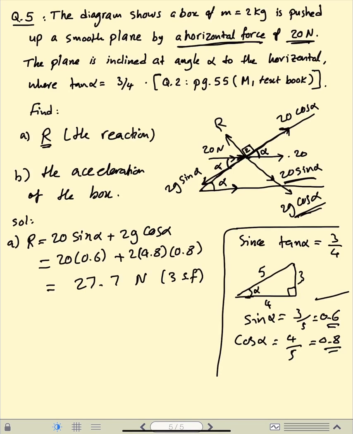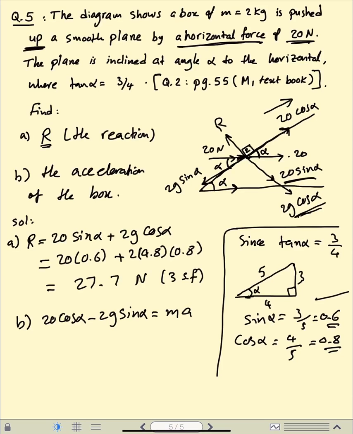Part B, which is the last part for today. He wants the acceleration of the box. Read the question well and it will be fine. It was projected up the plane, so the main force is this one: 20 cosine alpha minus 2g sine alpha is equal to ma.